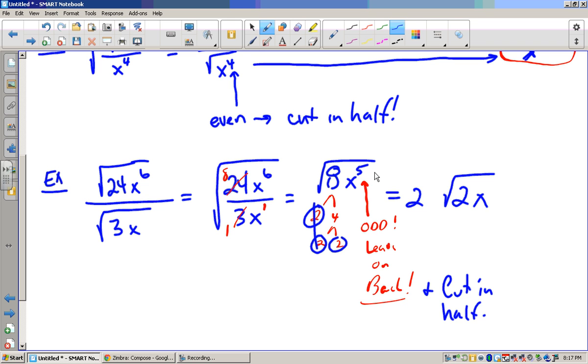Okay, x to the 4th this becomes now. And I cut that in half, you'll get x squared. Again, look, I don't have a fraction, so I don't have to deal with rationalizing the denominator. That'll be the next example. And that's my final answer. So we went back, we combined them because they had stuff in common that I could simplify. I simplified the fraction, and then I simplified the radical. Nothing too crazy about it.